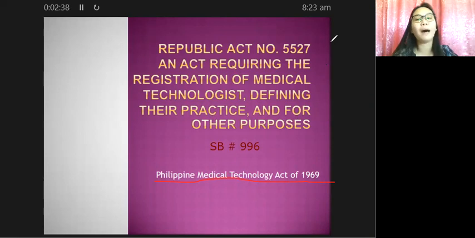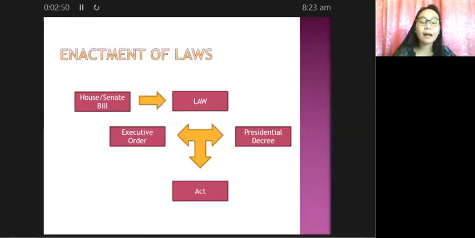Before we start discussing the different sections and provisions of RA 5527, let us try to review our knowledge about the enactment of laws, particularly here in the Philippines. Let's move on to the next slide. All right, so, enactment of laws here in the Philippines.